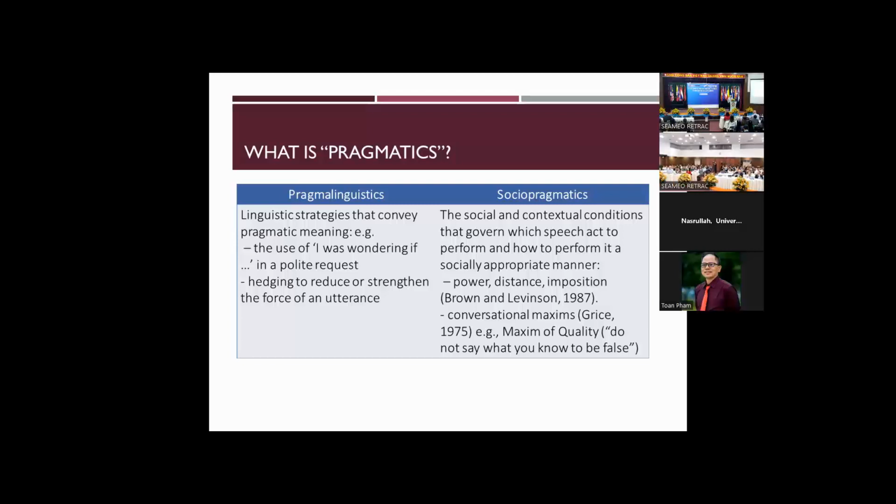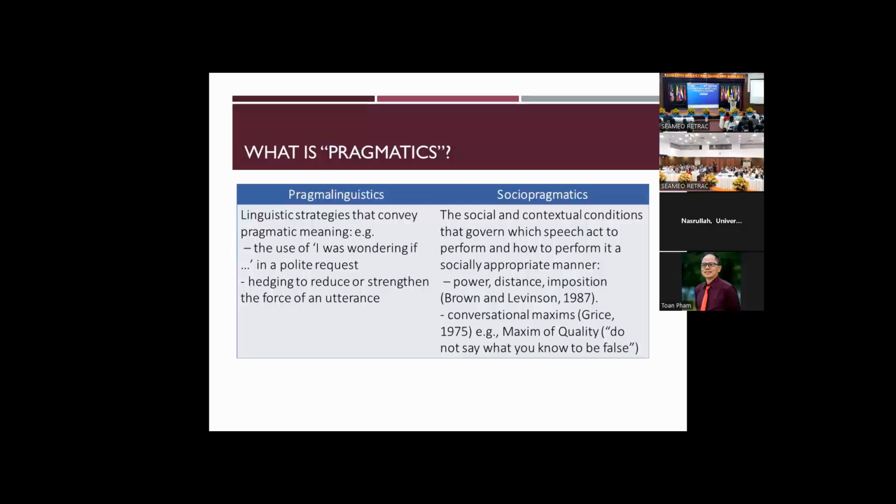If I'm speaking to my head of school, he is in a more powerful position than I am, so I have a need to be a little bit polite. Distance is whether you know each other very well, whether you've spent a lot of time interacting together and you're familiar with each other. And imposition is the extent to which you're asking something important or not so important.